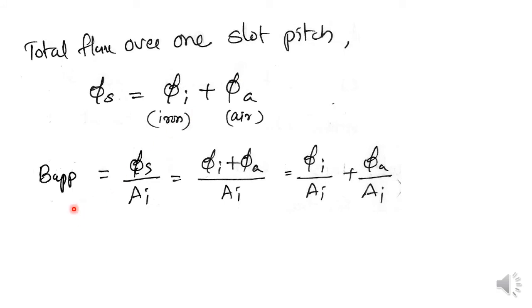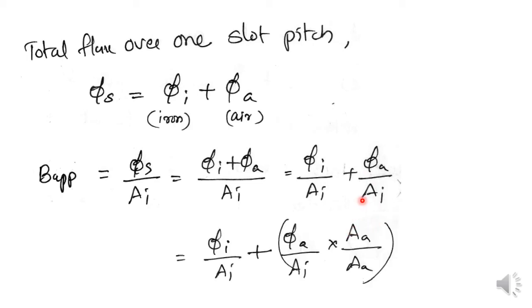By definition, the apparent flux density is given by the total flux over one slot pitch divided by the tooth area, that is the area of the iron path. That is equal to phi I plus phi A divided by AI, which is equal to phi I by AI plus phi A by AI.